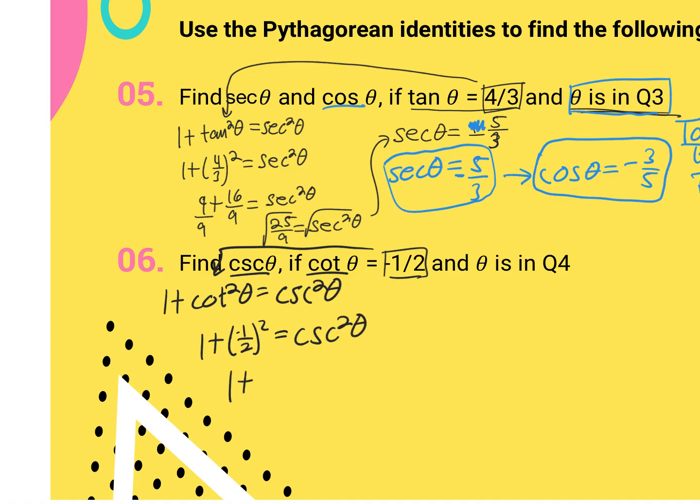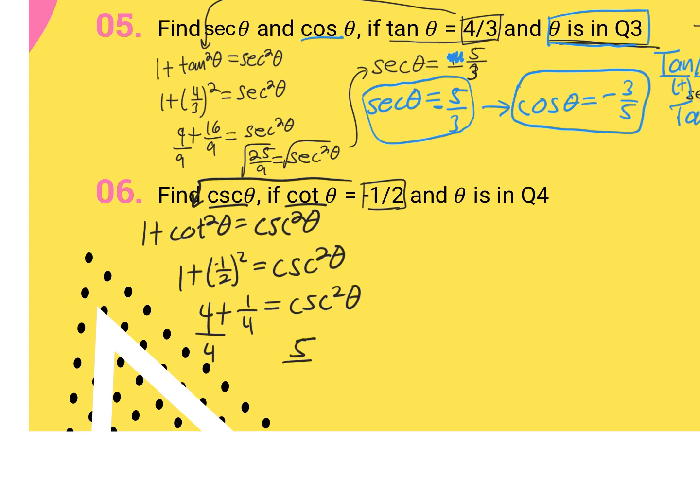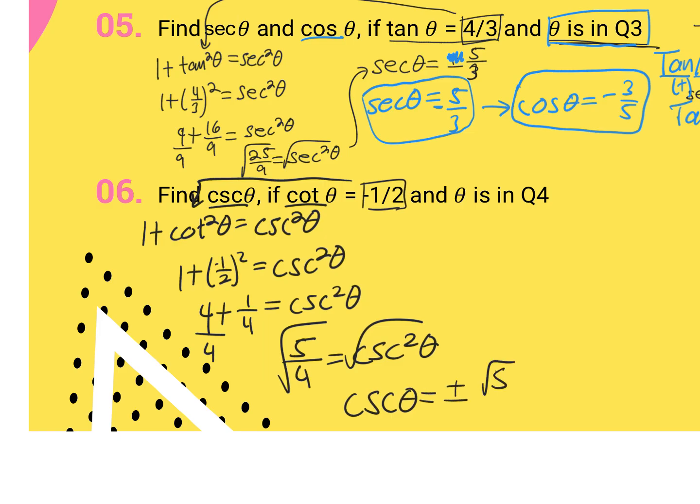So that gets us 1 plus 1/4 is cosecant squared theta. And then, again, find a common denominator. 4/4 plus 1/4 is 5/4 is cosecant squared theta. And then when you square root both sides, you can square root the top and the bottom. So cosecant of theta is plus minus the square root of 5 over 2.